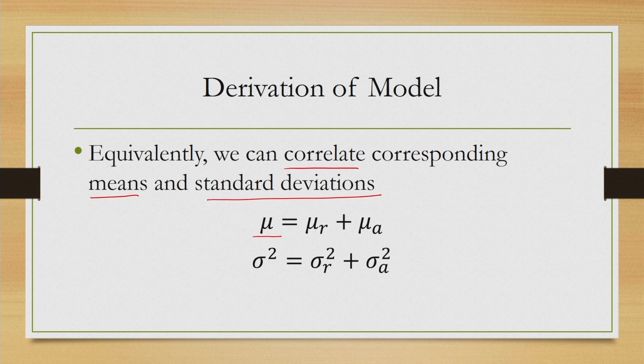If mu represents the mean of the overall distribution, mu_r the mean of the distribution due to relative precision, and mu_a the mean of the distribution due to absolute precision, then mu can be represented as a summation of mu_r and mu_a. Similarly, the standard deviation of the overall distribution can be represented as a summation of the standard deviation of the distribution due to relative precision and the standard deviation of the distribution due to absolute precision.